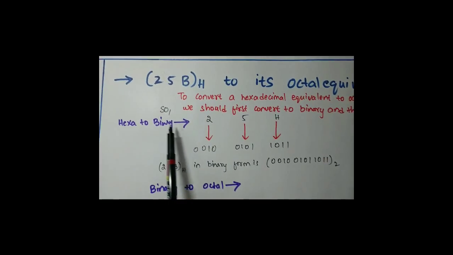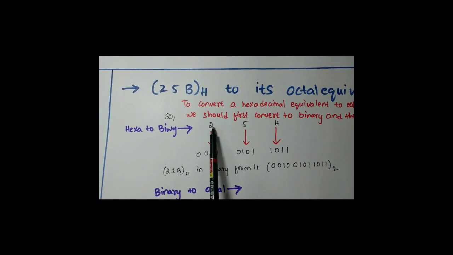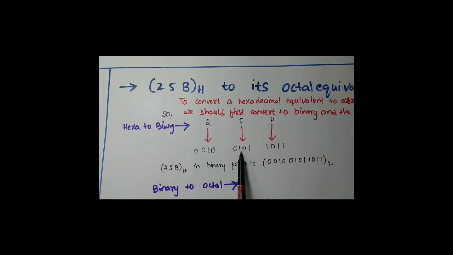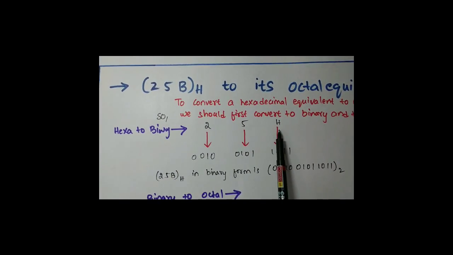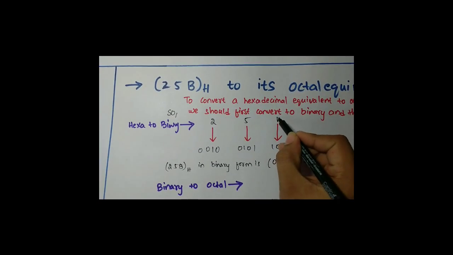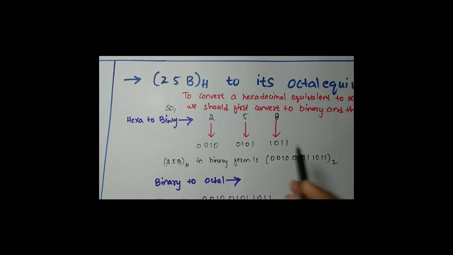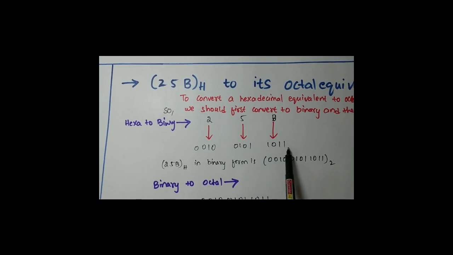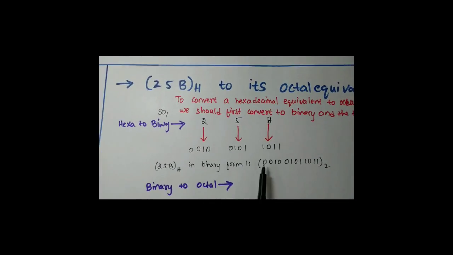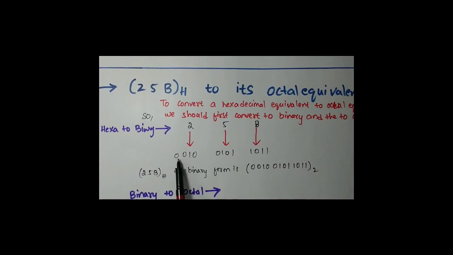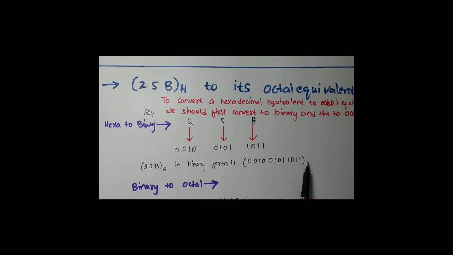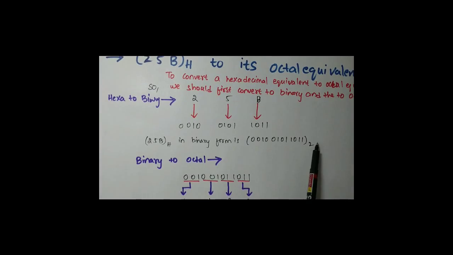We know the binary value of 2 is 0010, of 5 is 0101, and of B is 1011, as we discussed in the previous box. Now we combine 0010, 0101 and 1011 to base 2, that is binary.